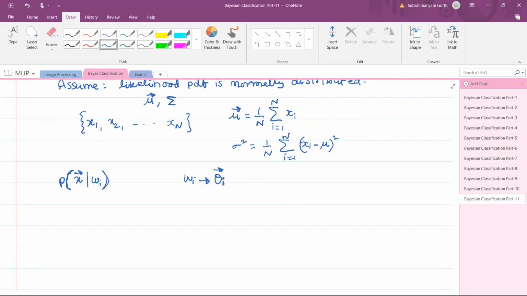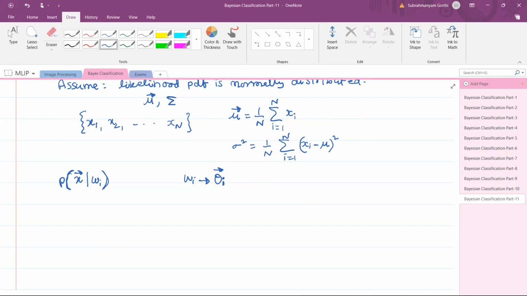Again, I don't know whether I should put a bar on theta i, because each of the components within it can also be vectors, but I hope you understand that. I may do a little abuse of notation, that should be okay. So each class is characterized by theta i, and my goal now is to compute these theta i bar.